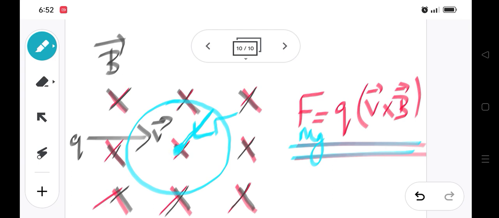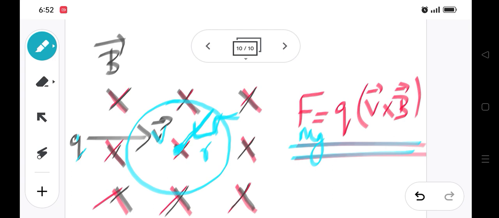One more time: when this charge q enters a region having only a uniform magnetic field, it will perform circular motion inside this magnetic field. So we have to find the radius of that circle.